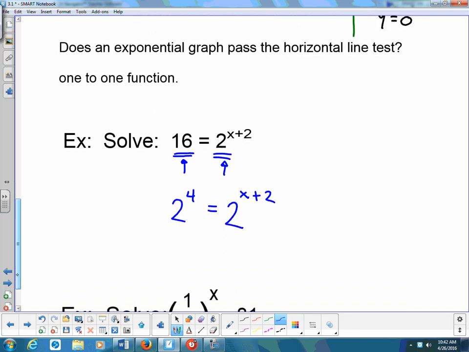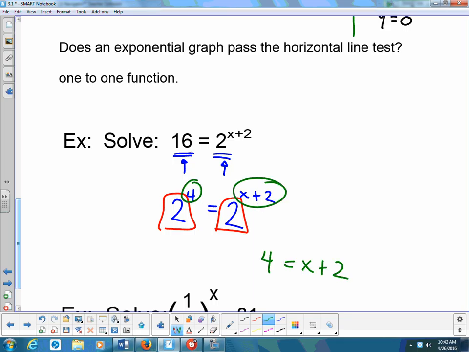Because this is a one-to-one function, if our bases are the same, then our exponents must be the same. So I can just set 4 equal to x plus 2 and solve. Subtract 2 from both sides, and I get x equals 2 as my solution to this equation.